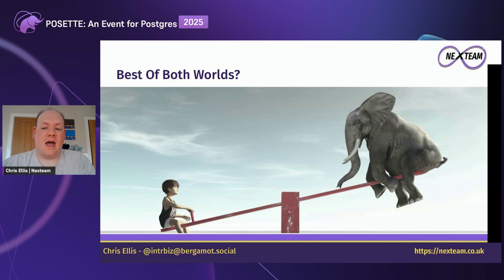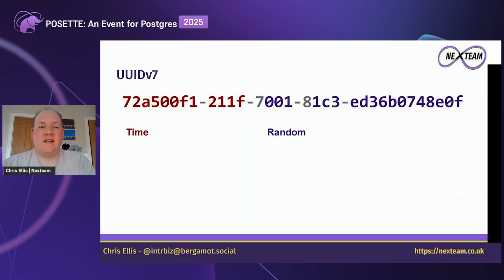Well, there's a new upcoming standard that's been ratified over the last couple of years called UUID v7. And these are effectively time-ordered UUIDs. So the upper 48 bits of UUID v7s are an epoch-based timestamp, which gives you millisecond granularity of time.